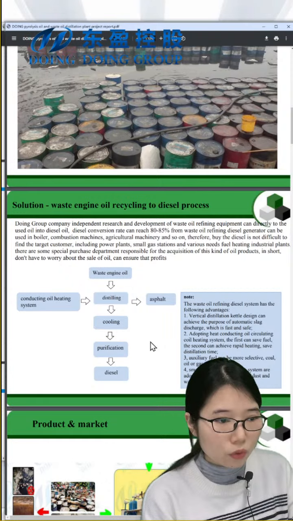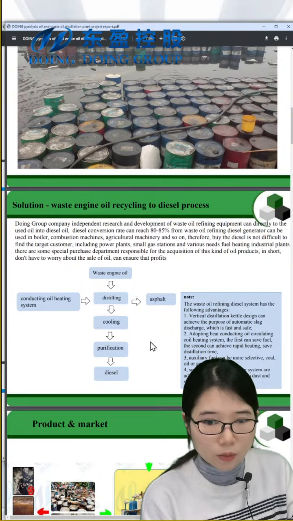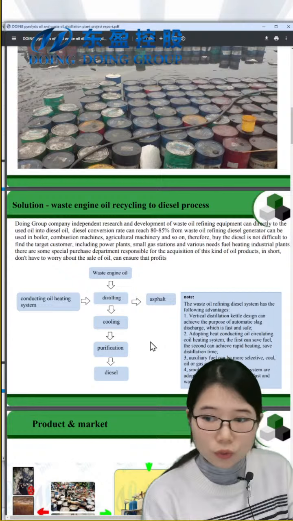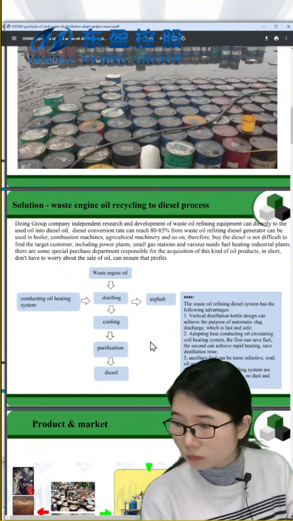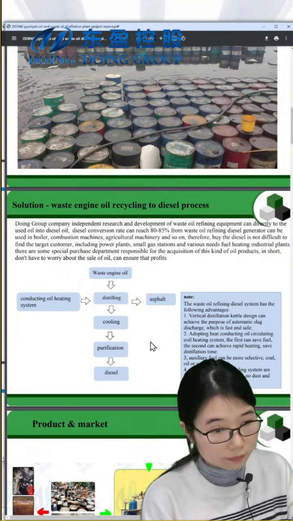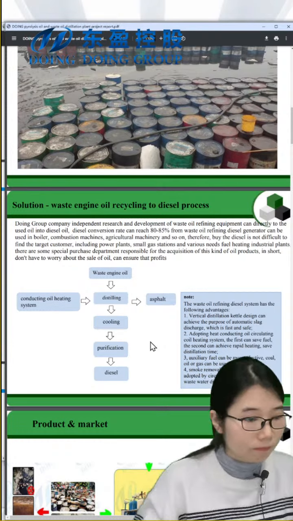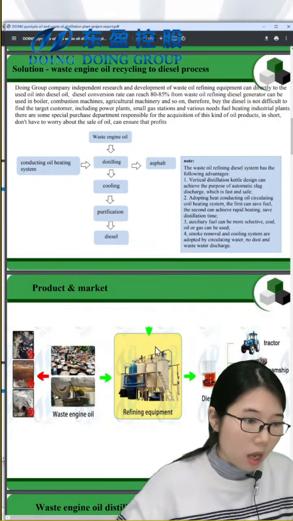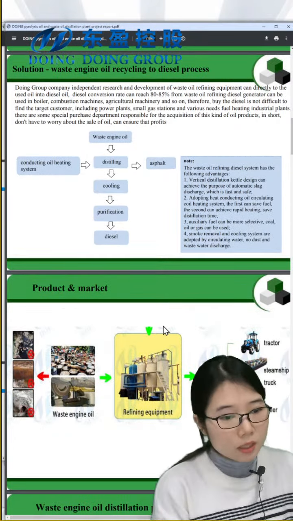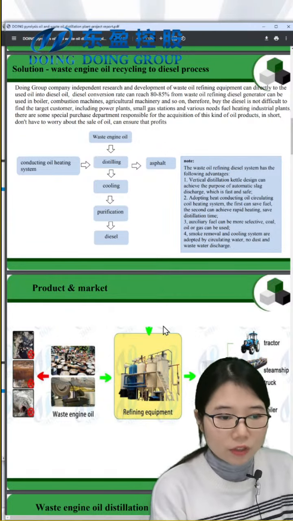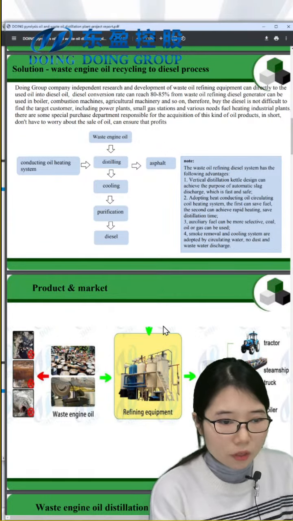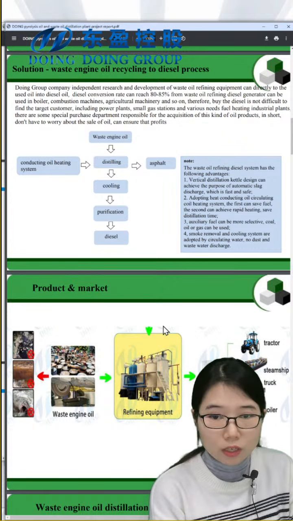The diesel oil yield is very high, about 80 to 85%. The diesel can be used for tractors, steamships, trucks, and boilers.